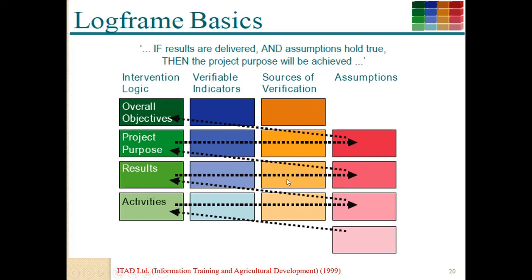Then under project purpose, you are observing how community members are using these boreholes, rather than using the other maybe contaminated water at the wells or in the swamp and so on. So you should be able to observe that, or you have records of how these boreholes are being maintained and used by the community members.